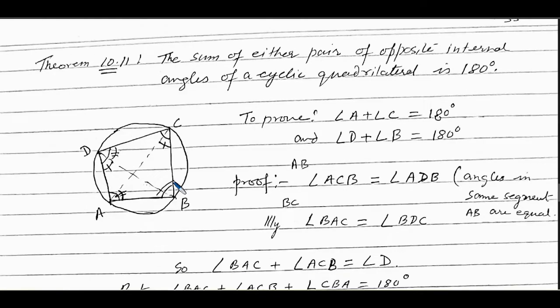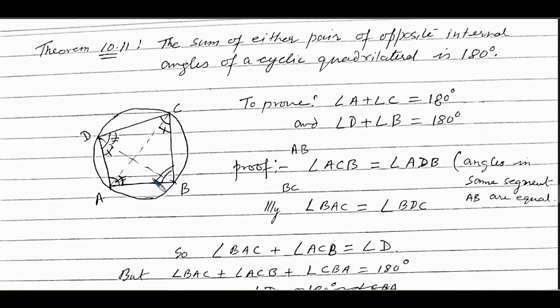So for AB, this ACB is equal to ADB, because here I have put one dash, so they are the same. Similarly, if I take BC as common, the angle subtended, double dash, is equal to this double dash.